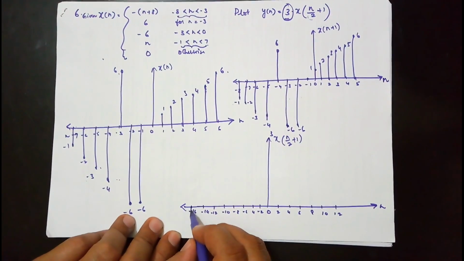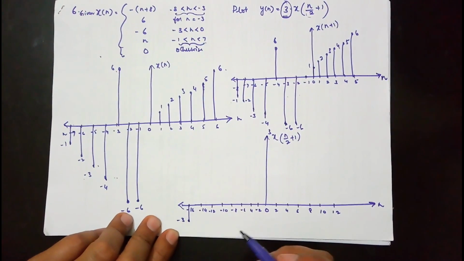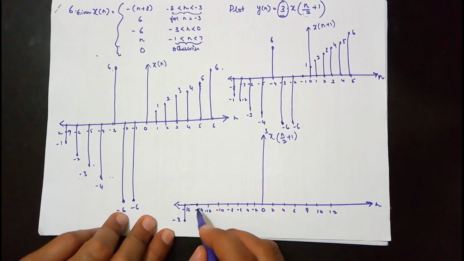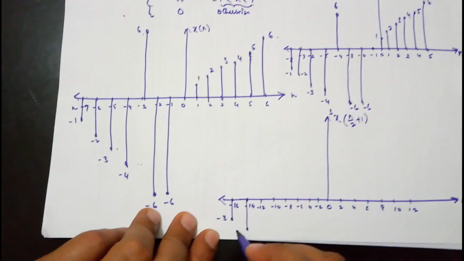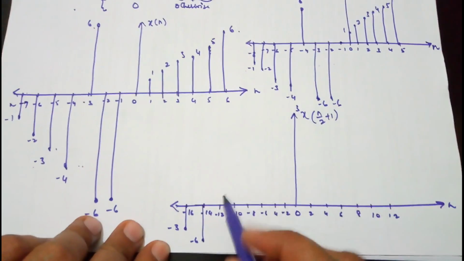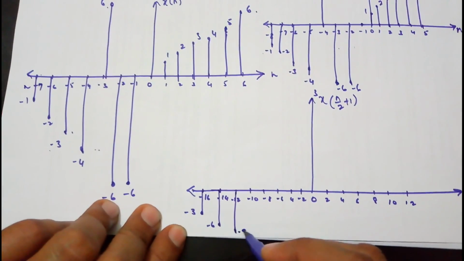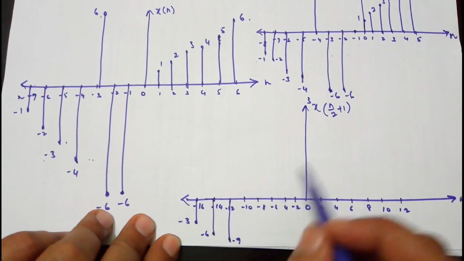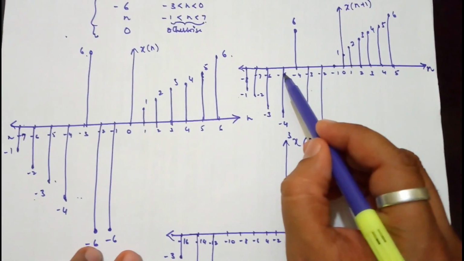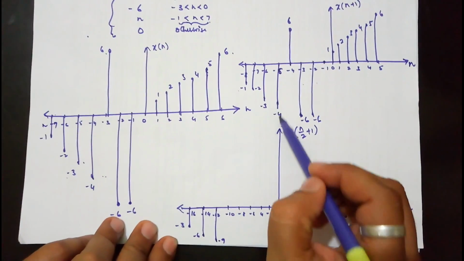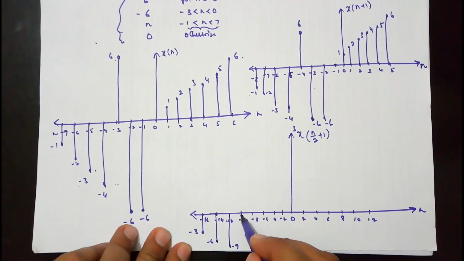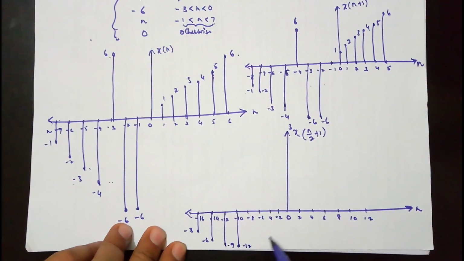So at minus 16 the amplitude will be minus 3. At minus 14 the amplitude will be minus 6. At minus 12 the amplitude will be minus 9. Again it is not up to the scale. At minus 10, the amplitude is 4, and it gets multiplied by 3. So 4 into 3 is 12, so minus 12.